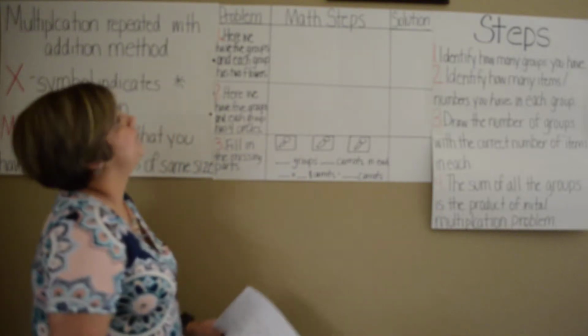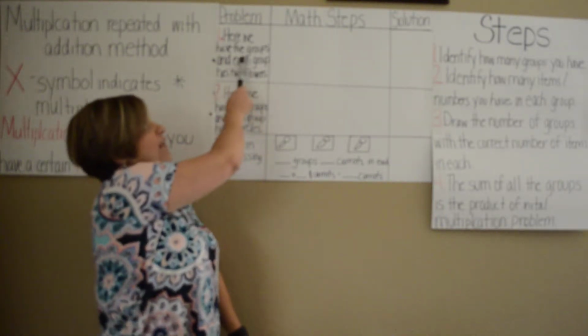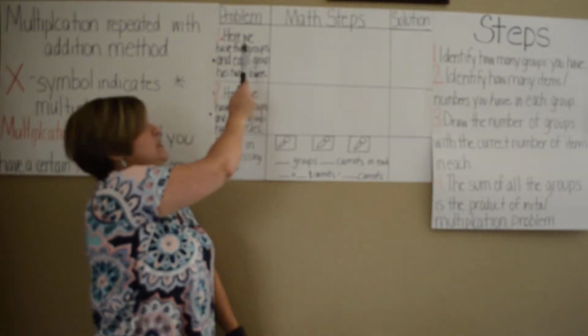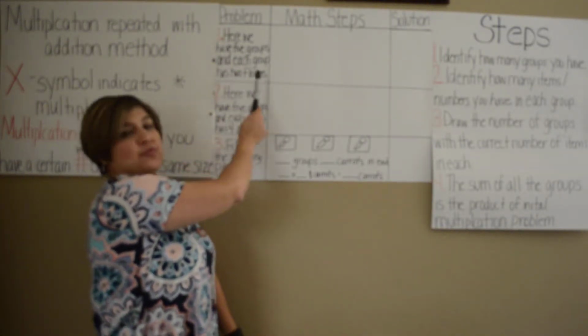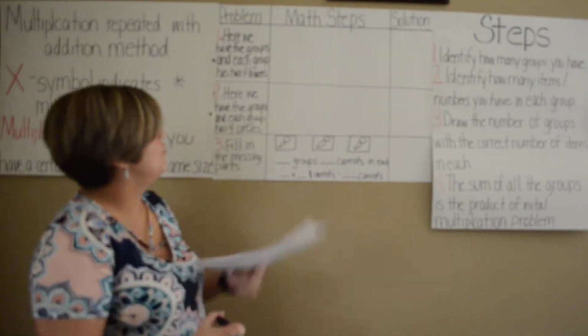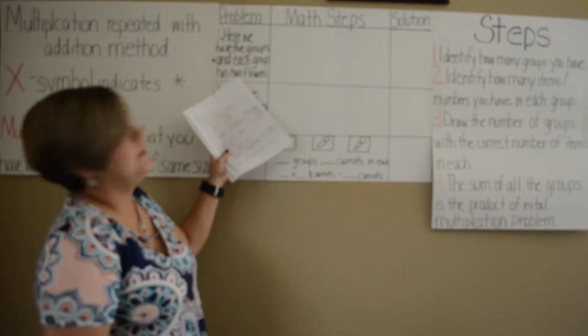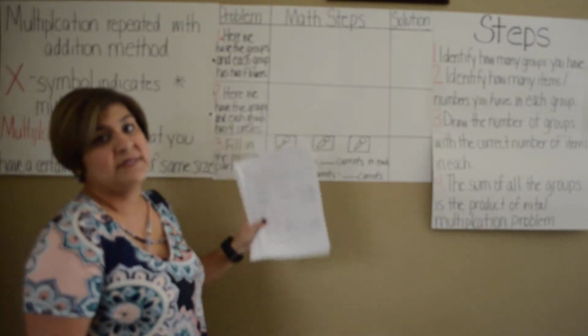Our first problem is, here we have 5 groups, and each group has 2 flowers. So we know right now we have 5 groups, and we also know that each group has 2 flowers in it.